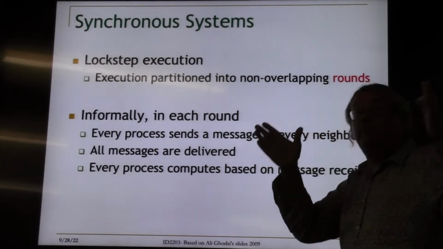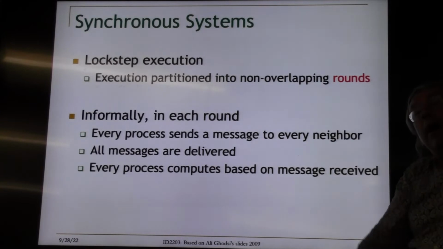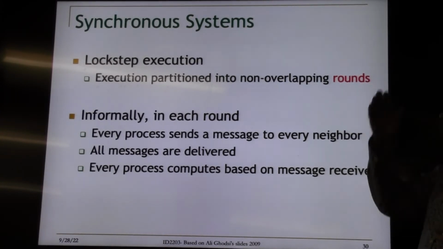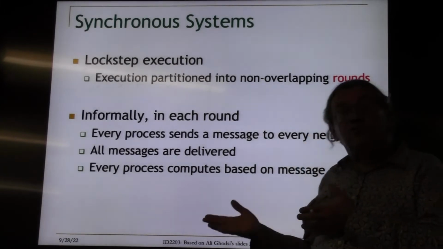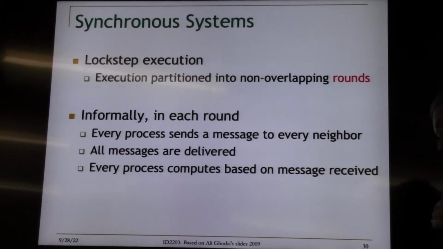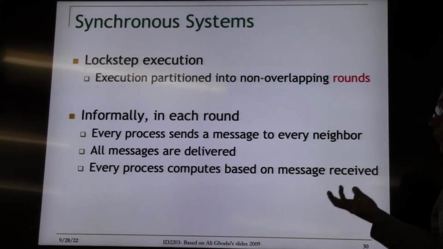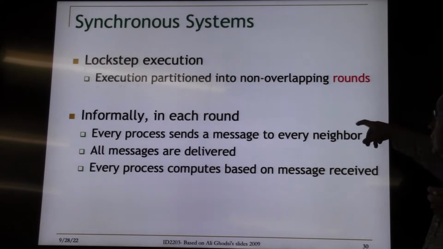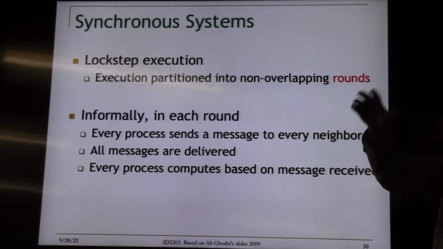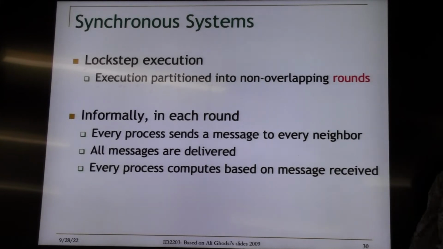That means the round kind of models the upper bound on the computation. When the round is finished and when we start the next round, if you didn't receive a message from a process, that means the process has failed. Okay? So a synchronous system is modeled by global kind of lockstep execution.